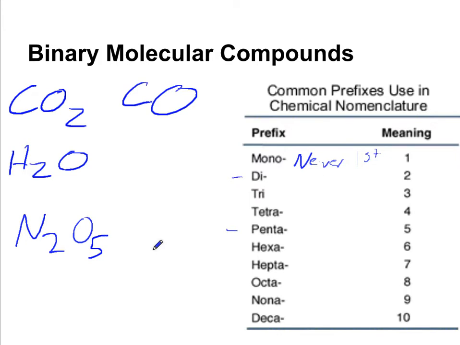For tetraphosphorus decachloride, tetra means 4, deca means 10. Looking at phosphorus and chlorine, we just put a 4 here and a 10 here. As long as you have that list of prefixes memorized, binary molecular compounds are pretty easy.